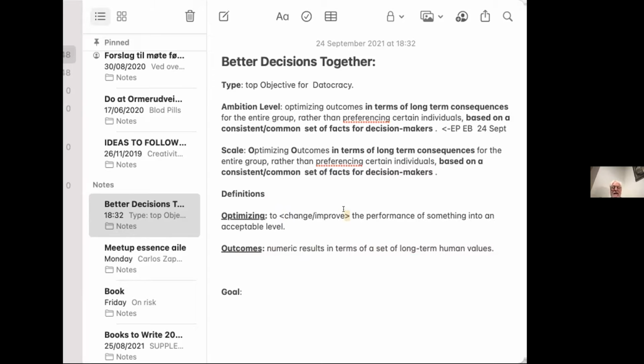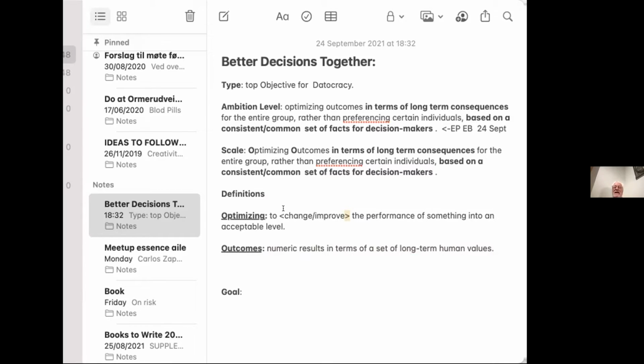I could have gone through this entire scale, the entire ambition level, and done that. But I'm going to put change, improve in square brackets and fuzzy brackets, just to teach you that device. Yeah, that's getting clever. No, that is powerful. I love that.